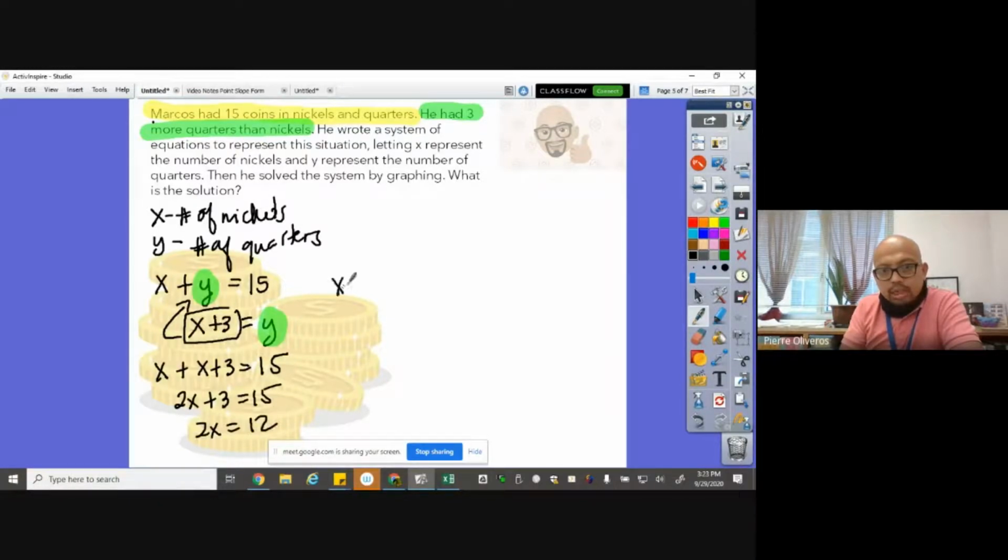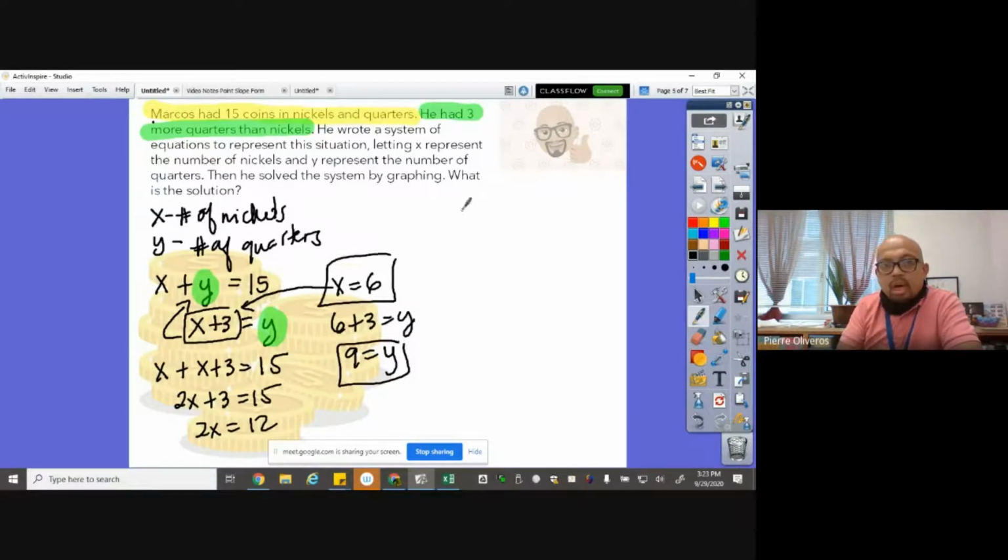So therefore, x is equal to 6. And then you plug in the 6 right there. Therefore, 6 plus 3 is equal to y. 9 is equal to y. So therefore, there are 6 nickels and 9 quarters. Okay.